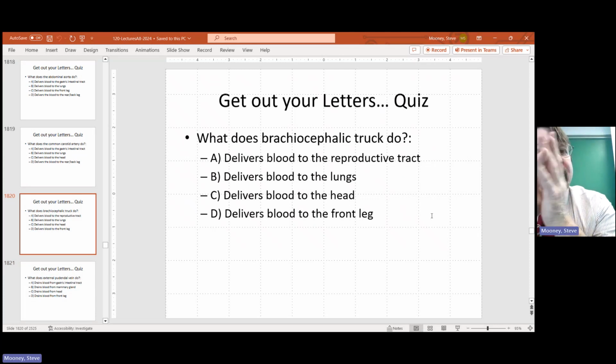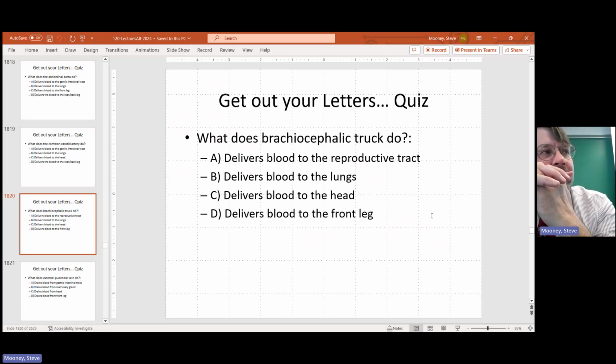Brachiocephalic trunk. What does that do? Delivers blood. So you can guess from there, what is the brachiocephalic trunk? Is it an artery or a vein? Based on the answers, artery. So the question is, where does it deliver blood to?